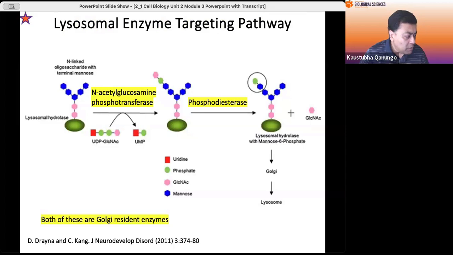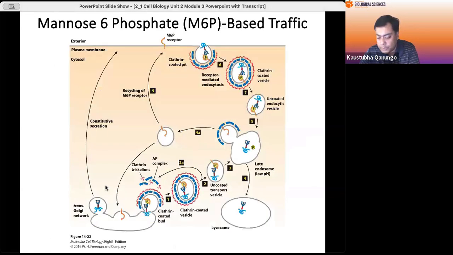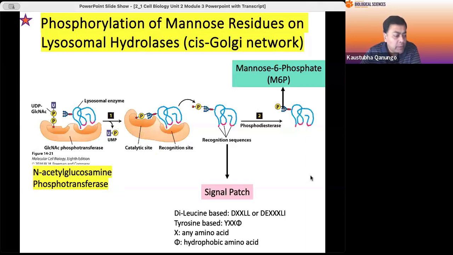So whenever you see this type of picture, you know that these will be your exam question. Which of the following is where? That's basically the type of question we are asking. So very, very important. Sometimes we ask which type of mutation will lead to a non-functional N-acetylglucosamine phosphotransferase, and what will happen.